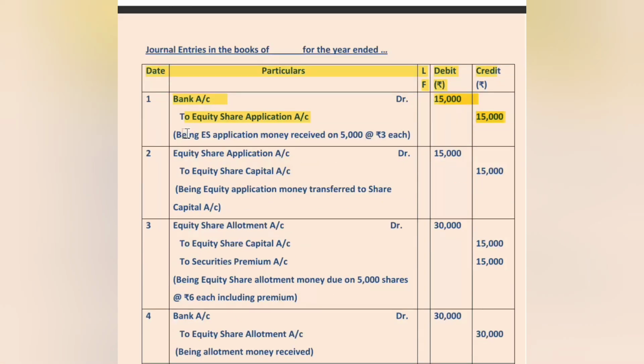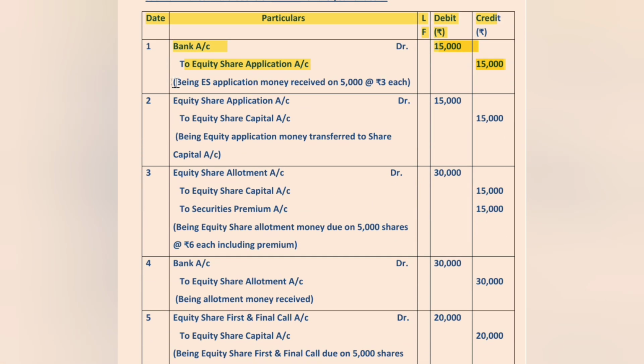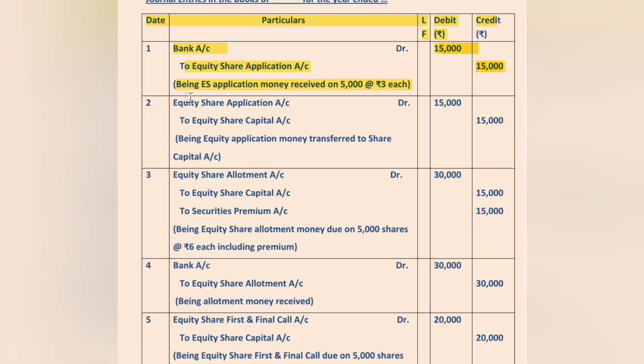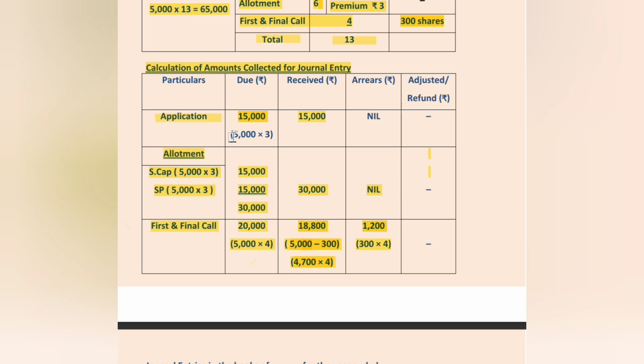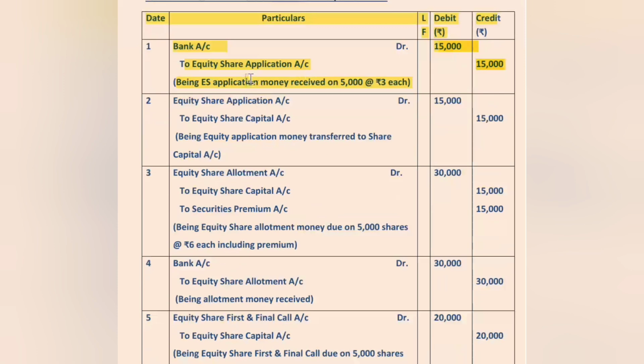How to write the narration? Being equity share application money received on 5,000 equity shares at rupees 3 per share. So that is the first entry. Second one, whatever amount is collected must be transferred to the share capital account, because it is not an amount of bank.